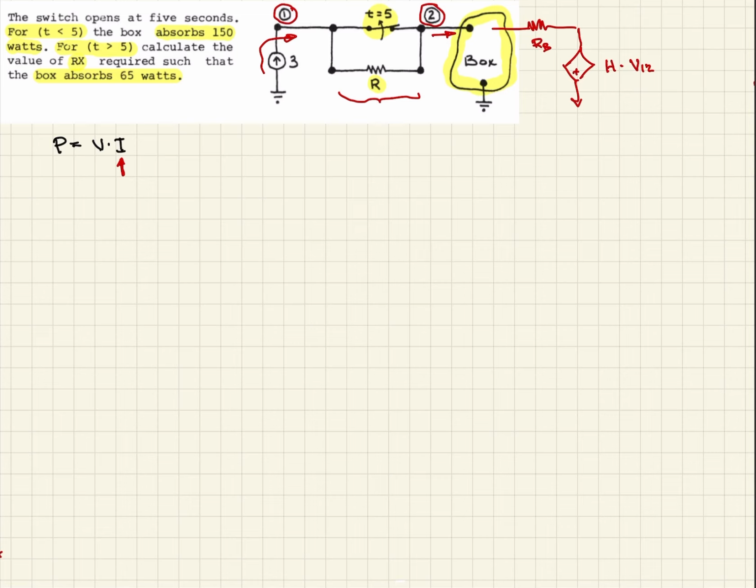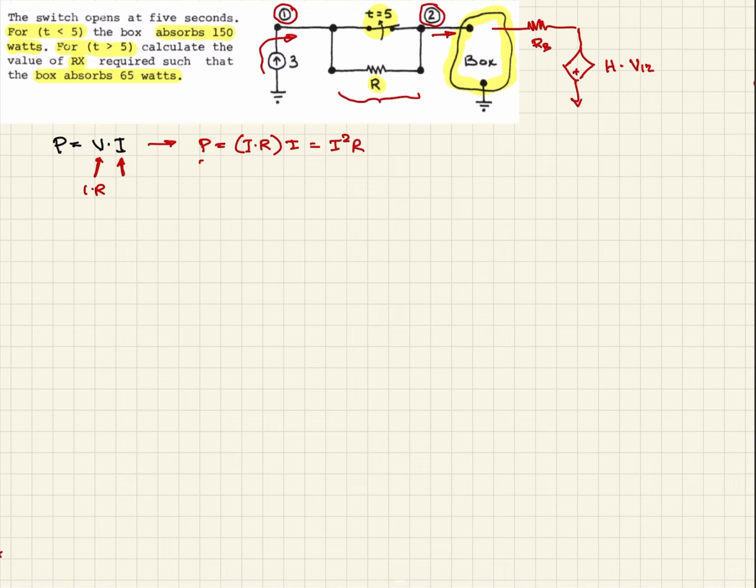So we also recall then that we can utilize Ohm's law with this equation, and so we can substitute in for the V. So V here we know is equal to I times R. So when we do that, P, power, is equal to I times R times I again. So that's going to be I squared R.